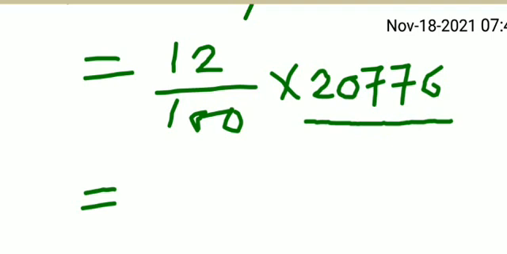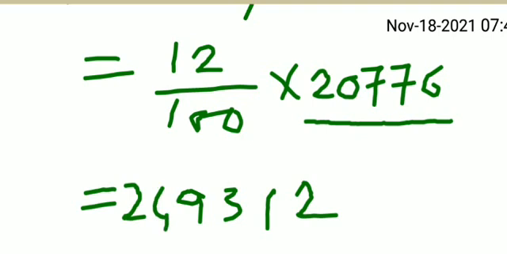So I am now going to multiply. 12 6s are 72, carry 7, 12 7s are 84, 84 plus 7 is 91, carry 9, 12 7s are 84 and 9 is 93, carry 9, 12 0s is 0 and 9 adding, so it will be 9, and 12 2s is 24.